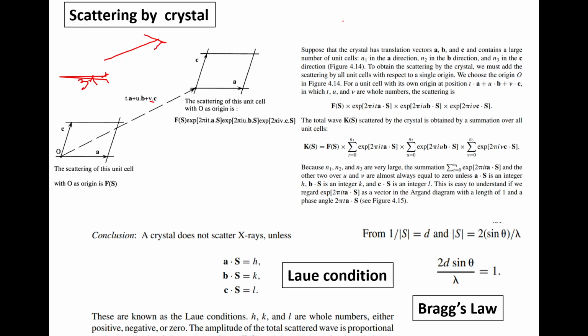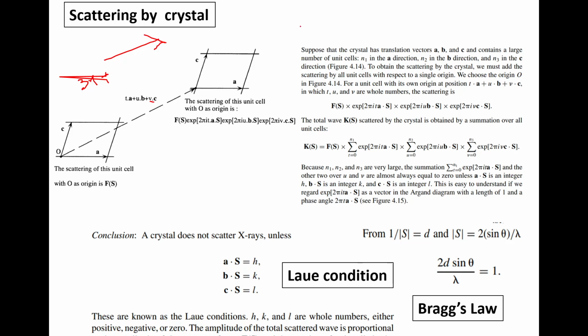In the z direction, you have n number of unit cells. If you take the individual structure factors of all these unit cells in x, y, and z directions, you will get the structure factor, or the main scattering factor, of the crystal.